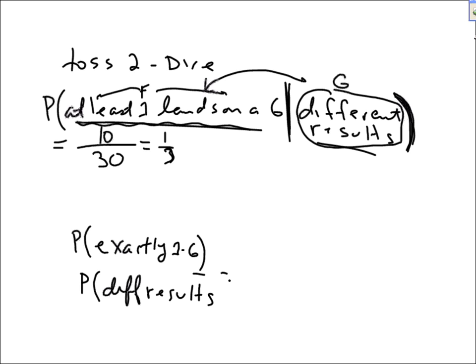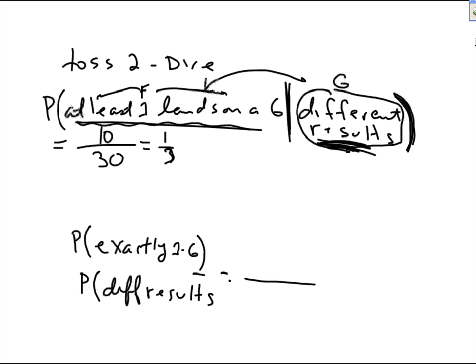If you're going to get at least 1 6, that means 1 6 or 2 6s. You couldn't possibly toss 2 dice and get 3 6s or 4 6s or 11 6s. You get 1 or 2. Well, if you get exactly 1 6, then yeah, they were different. If you get exactly 2 6s, well, no, they weren't different. And for intersections, they both have to be true at the same time.